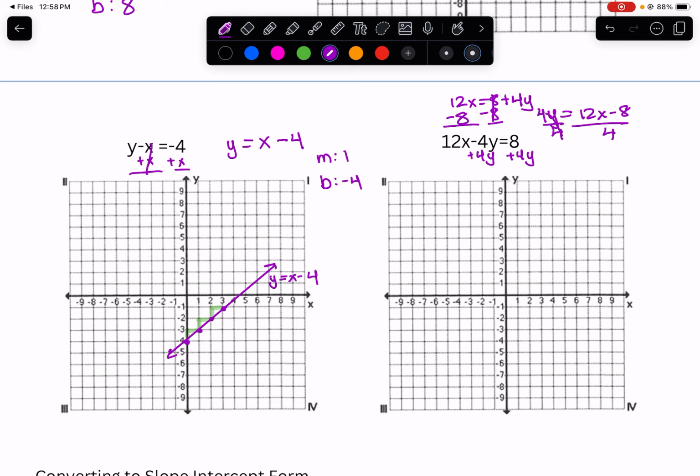And divide by 4. y is equal to 3x minus 2. We have a slope of 3, y-intercept of -2, so we start at -2. My slope is positive, so I'm going to be going up 3 over 1. Plot my points and connect.